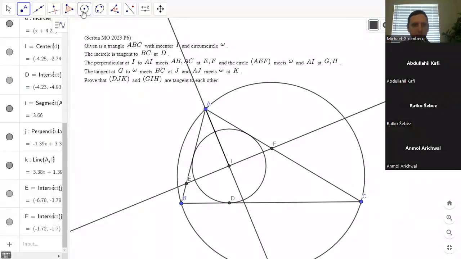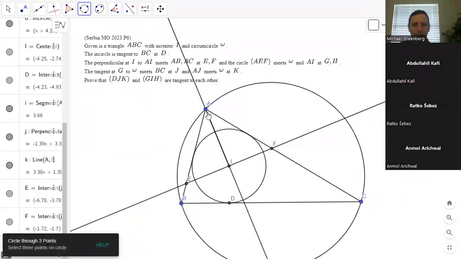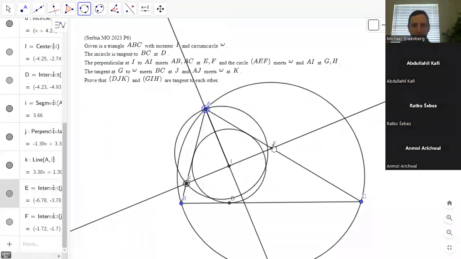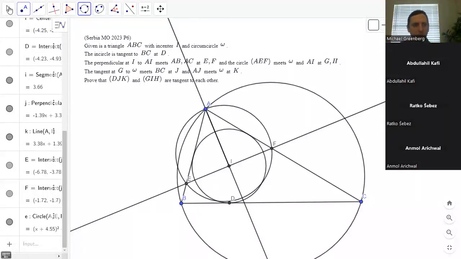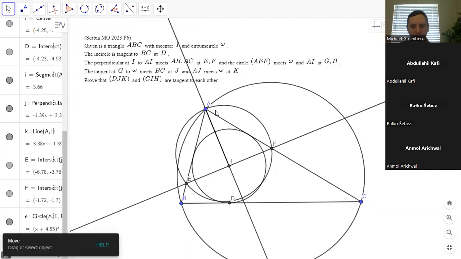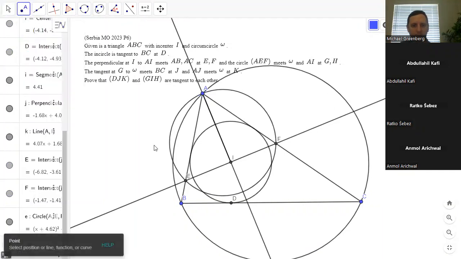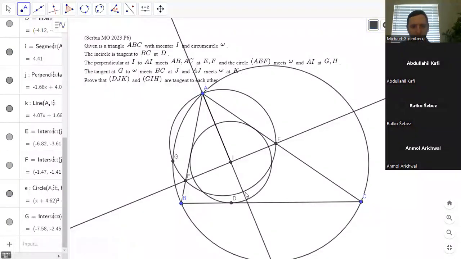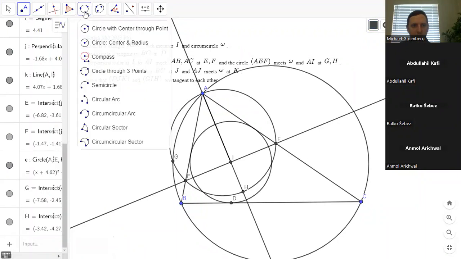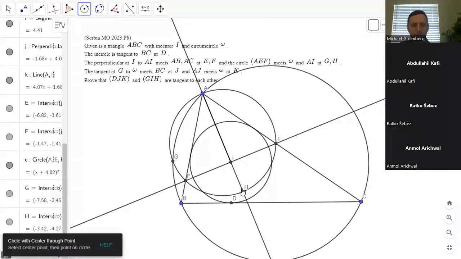And then we draw the circle AEF, and it meets omega and AI at G and H. And H should be the center of the Mixtilinear incircle. So this will be G, this will be H, and then we could draw the Mixtilinear incircle.